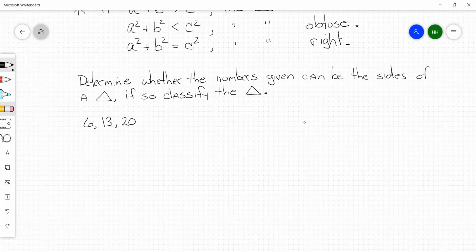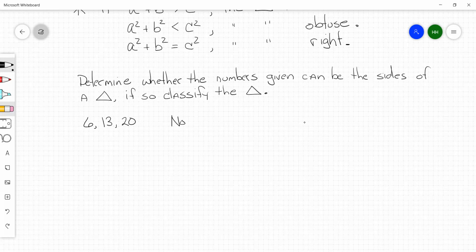Remember, we took the two smallest sides and we added them and subtracted them, right? So if you add the 6 and the 13, you get 19, and if you subtract them, you get 7. So can 20 be the third side? No. So first of all, you just write no. It can't even be a triangle. It's not a triangle. Okay?